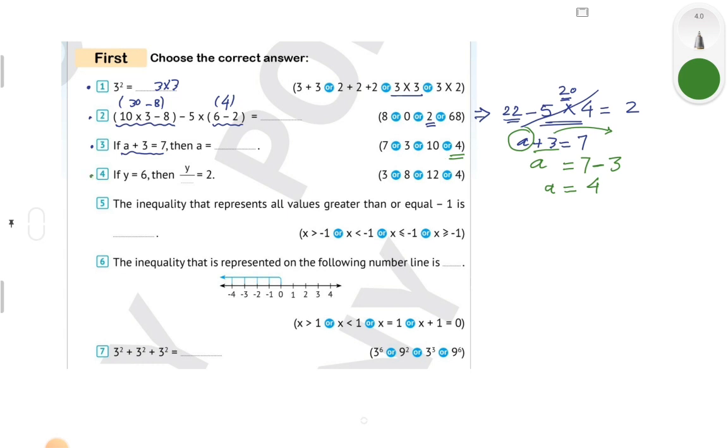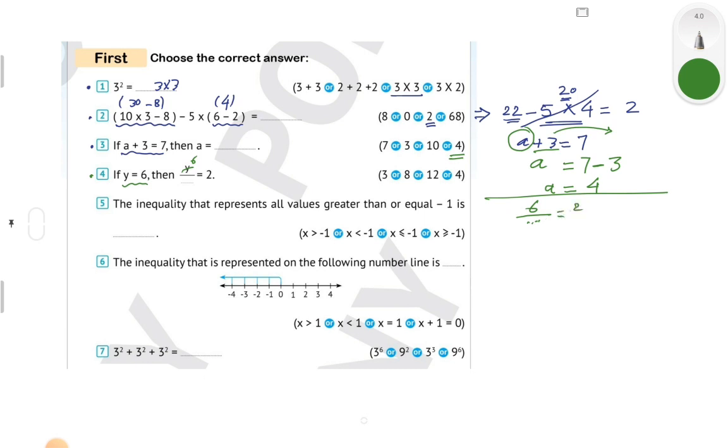Next one, point 4. If x equals 6, then x over what equals 2? Okay, just substitute x by 6. 6 over what equals 2?